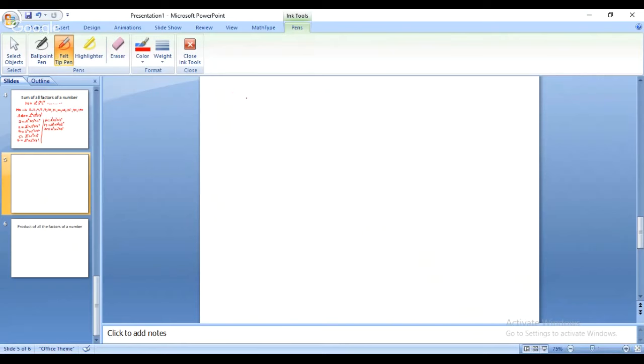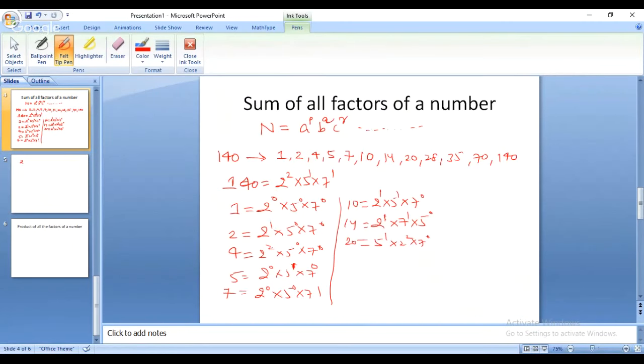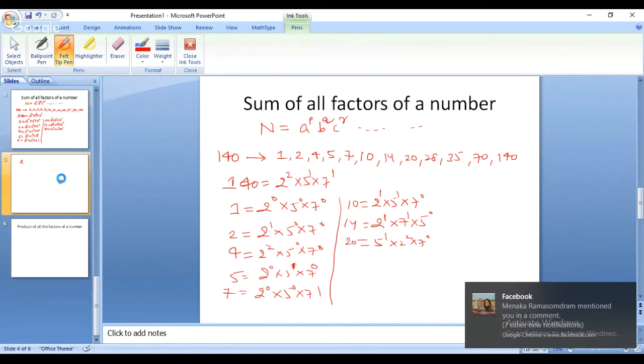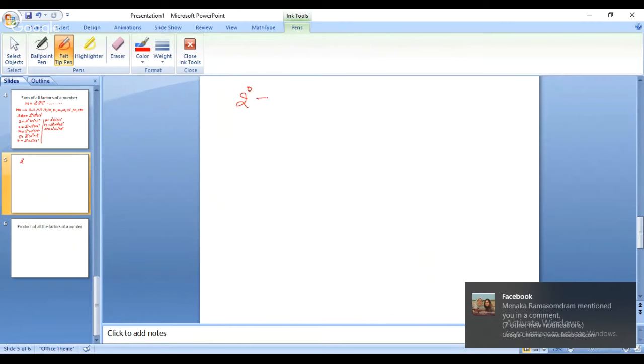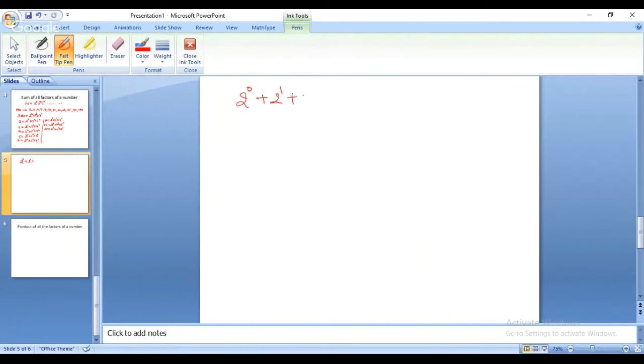If we add all these forms of numbers, 2 to the power 0, 2 to the power 1, and 2 to the power 2 are the only powers of 2 coming in the factors. If we add all the factors, 2 to the power 0, 2 to the power 1, and 2 to the power 2 will be common in all the forms.